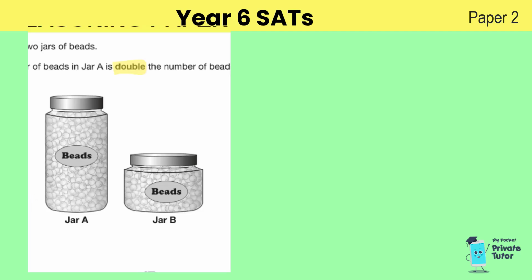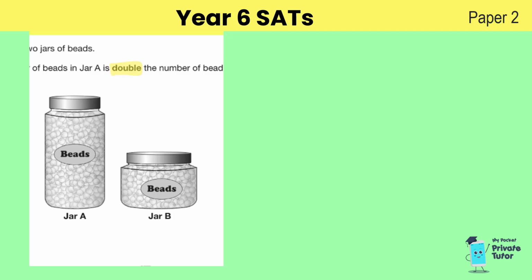If you didn't have the jars there, you could do a drawing of your own. But we know that jar A is double jar B, so we could say that's the halfway line in jar A, and if we halved jar B, if we're doing half of this half, that would be the quarter line.